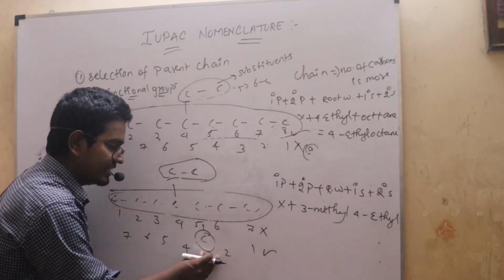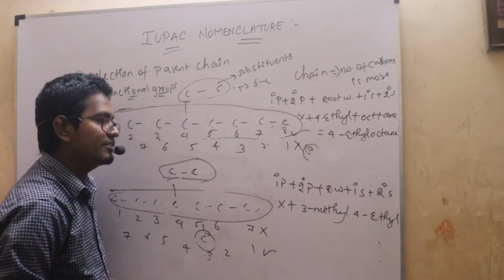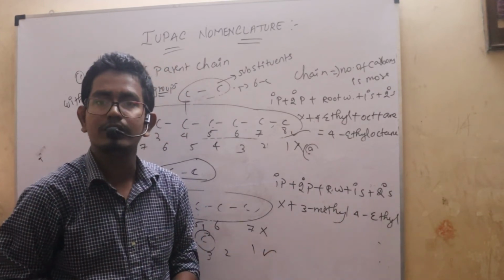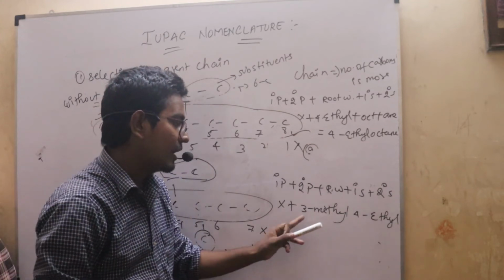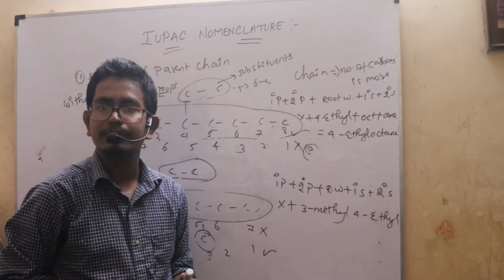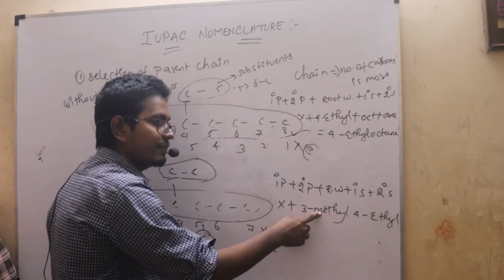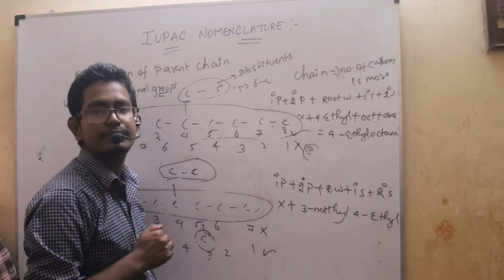Just because it is getting the first numbering, that means it is getting the least number, it doesn't mean we should write the methyl first. We should follow the alphabetical order while writing the names of the substituents. Here the alphabetical order says that ethyl has to come first, then we write the methyl, because E comes first in alphabetical order, right?